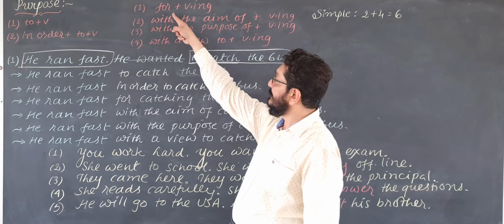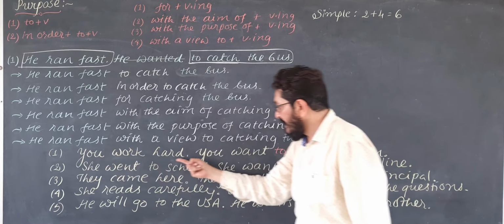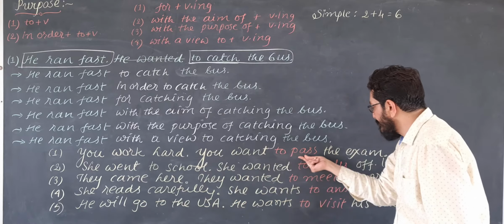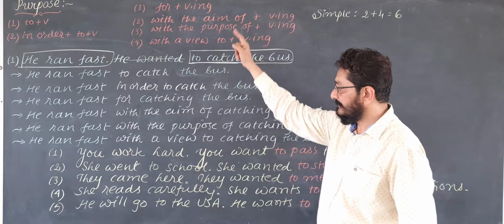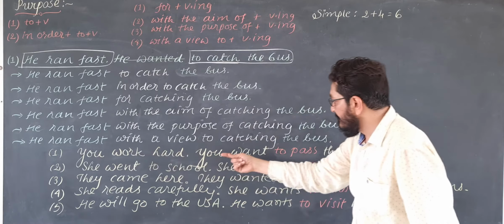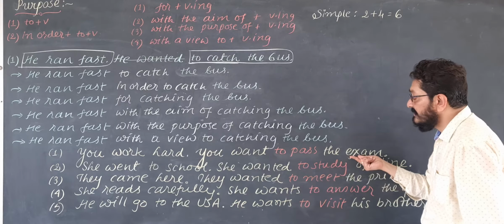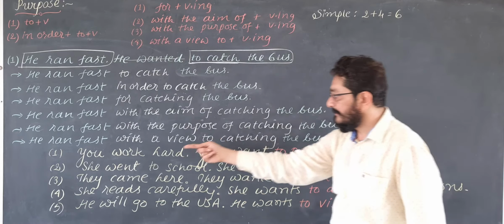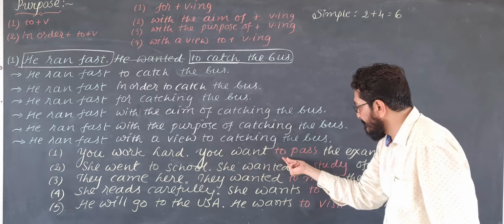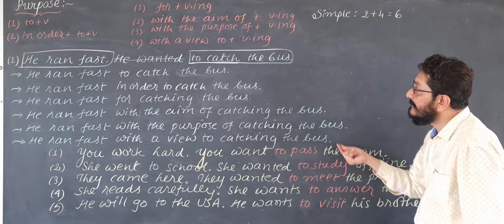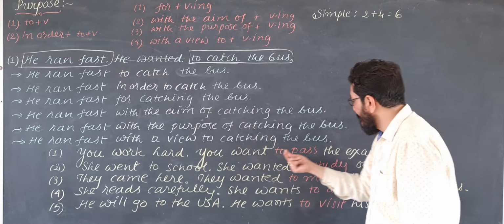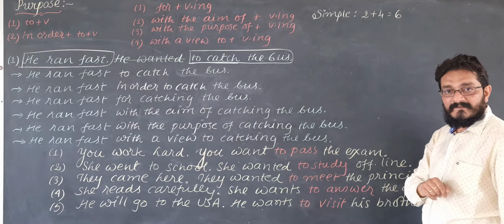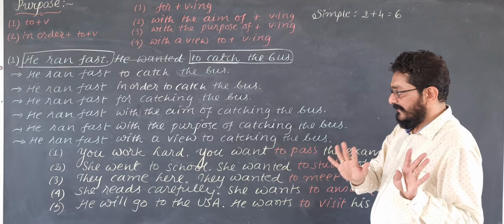Third, fourth, you work hard for passing the exam. With the aim of, you work hard with the aim of passing the exam. With the purpose of, you work hard with the purpose of passing the exam. With a view to, you work hard with a view to passing the exam. So there are 6 examples.